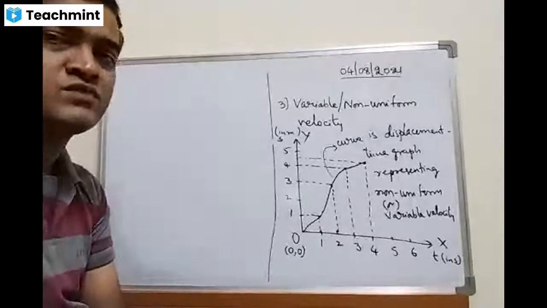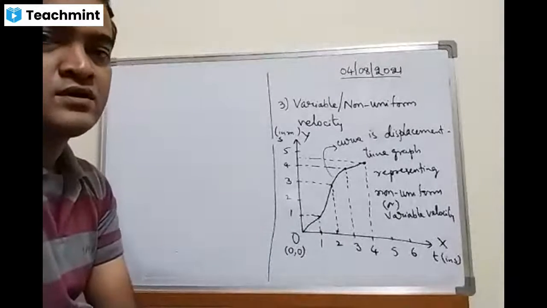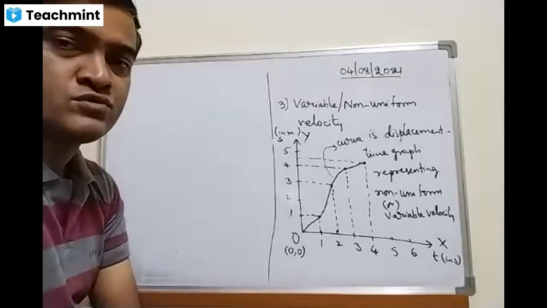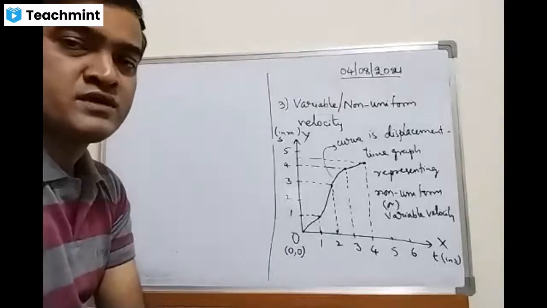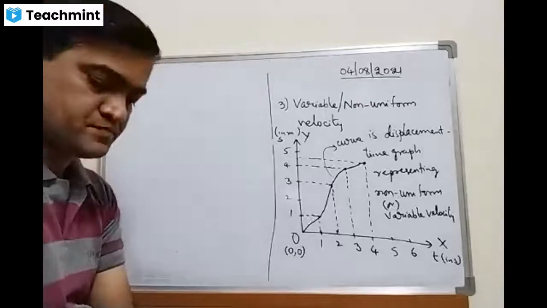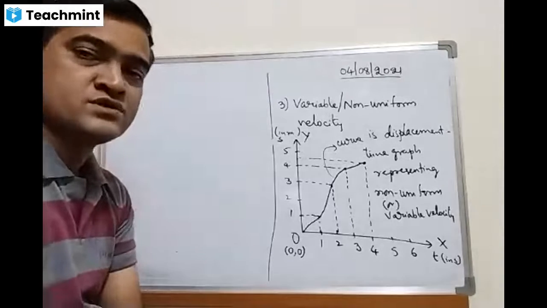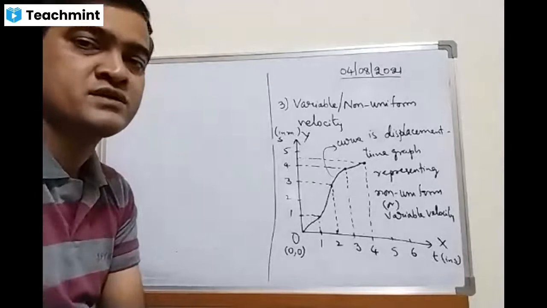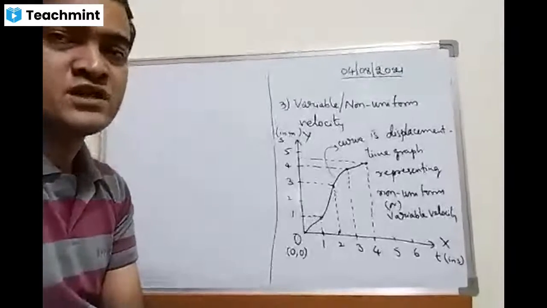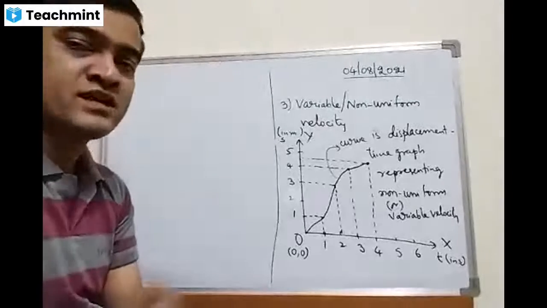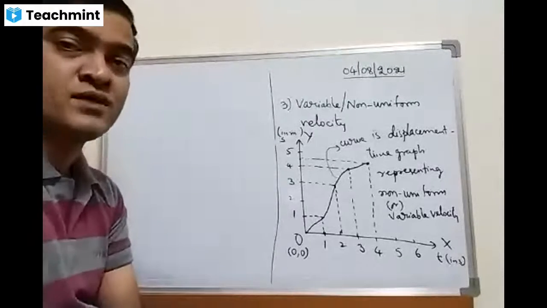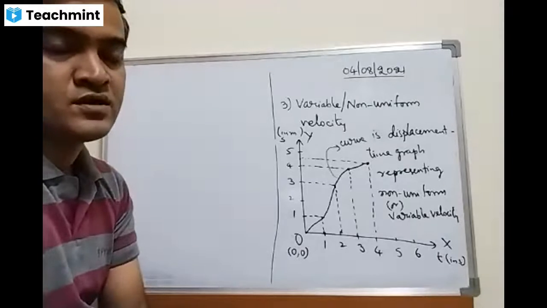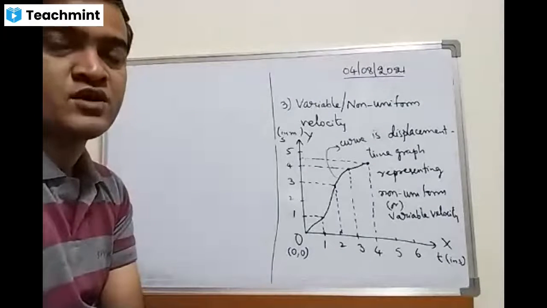Now let me discuss one more graph. Now let me show you velocity time graphs. Till now I have shown you displacement time graphs, 3 types. First one is said to be zero velocity, that is displacement time graph. Second graph is also displacement time graph, but there I have taken constant velocity.